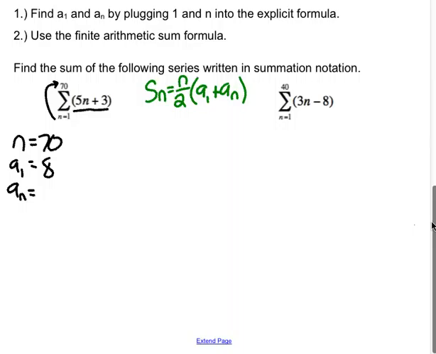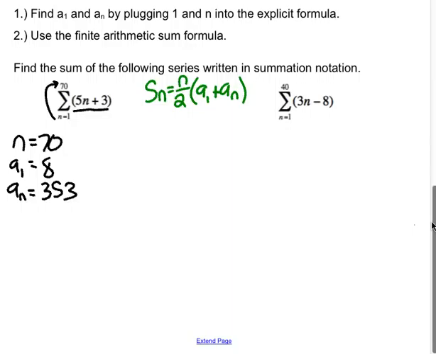Now an is just the same, except this time I'm going to plug in 70. So 5 times 70 plus 3 gives me 353. You can see it's actually really simple to get those pieces of information.